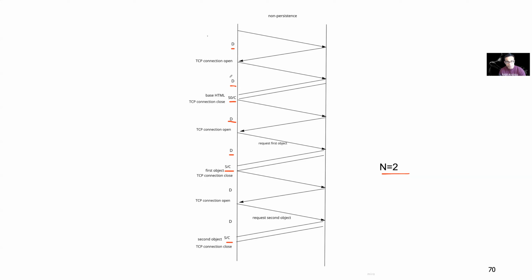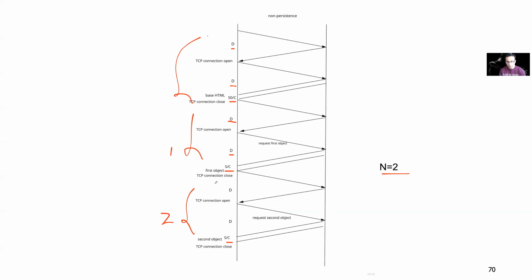Essentially it's 2D plus S0 by C plus 2D plus S by C plus 2D plus S by C. So effectively this much for the base and then this much for each object. In this case n was 2, so that's 1, that's 2. If you have a third object, you would repeat this.